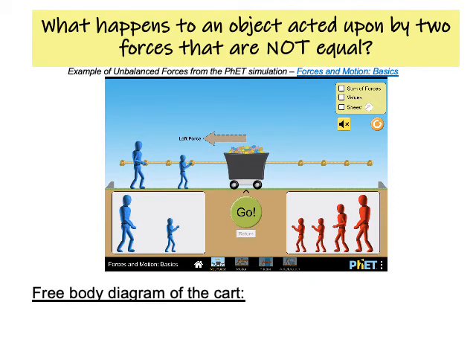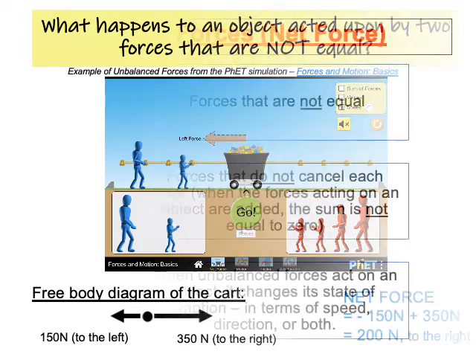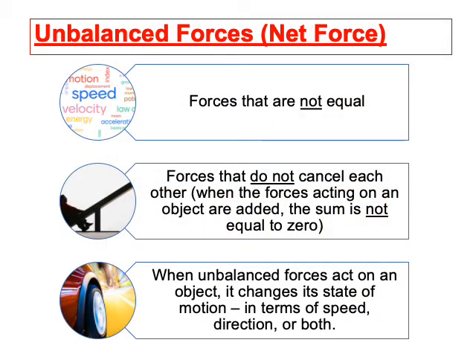So looking at the free body diagram of the cart, it was acted upon by 150 newtons to the left and 350 newtons to the right, and as a result, the net force is equal to 200 newtons to the right. These are called unbalanced forces, or simply net force.